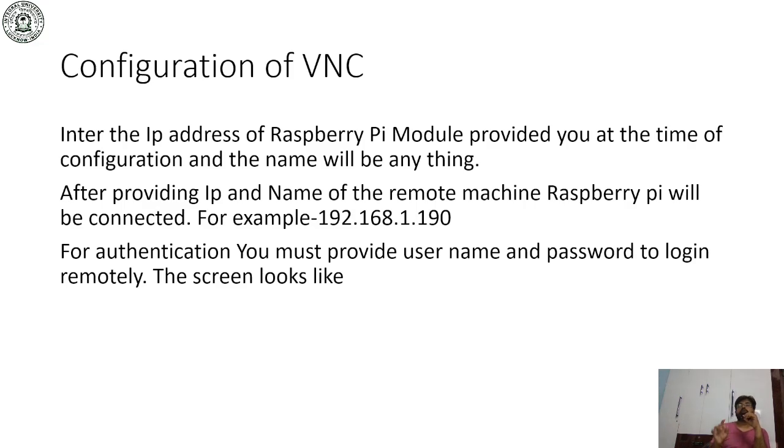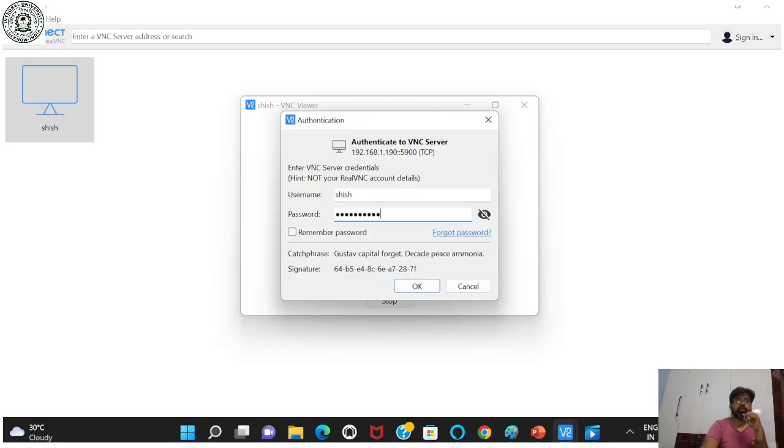So you have to note down the name and the password of the Raspberry Pi at the time of the configuration. Now we'll move to the next slide.